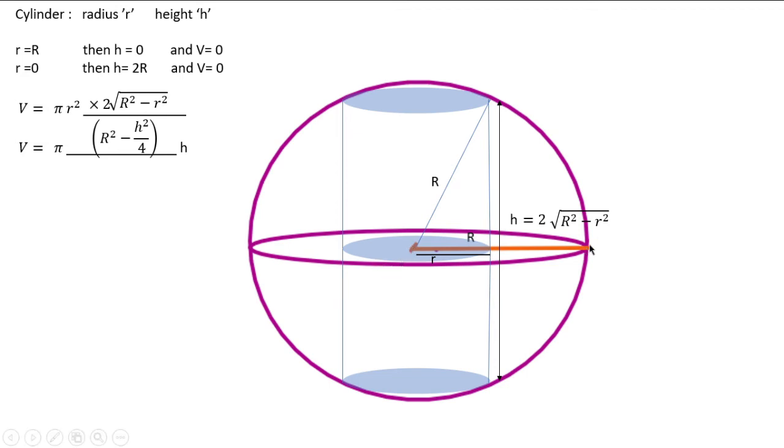Okay, so obviously you are going to have a maxima between them, not the minima, because we cannot have negative volume. So there has to be a point of maxima which can be obtained by equating the derivative with respect to r or h as 0.